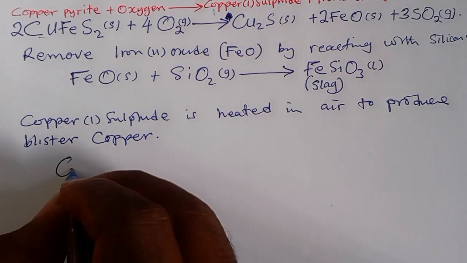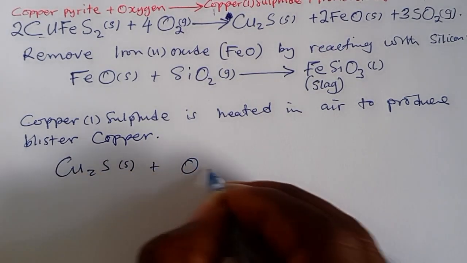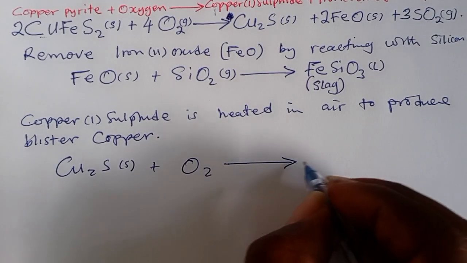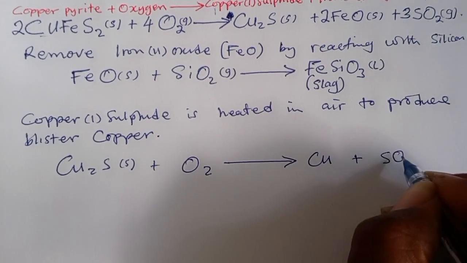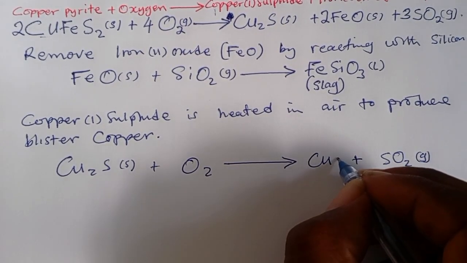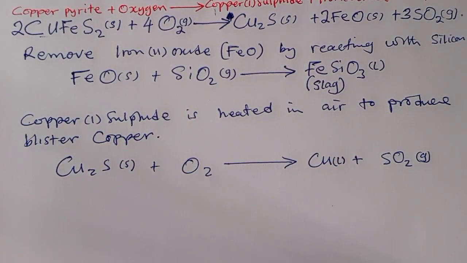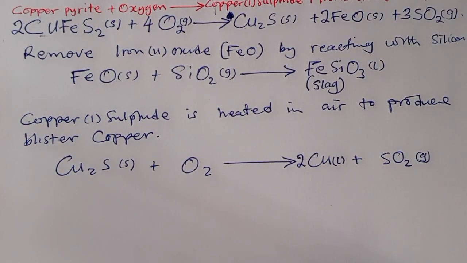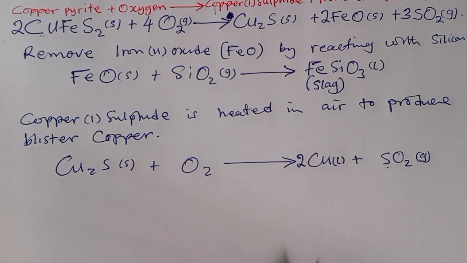We have copper 1 sulfide plus oxygen giving copper metal plus sulfur dioxide, produced in the liquid form. We can balance that equation: copper 1 sulfide plus oxygen gives copper metal plus sulfur dioxide.